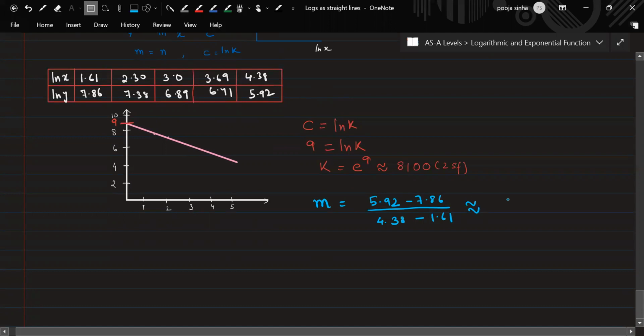Approximately, what's the answer? Minus 0.70. Even my graph tells me that it is a negative gradient. So m value is minus 0.7. And we are done with the question.